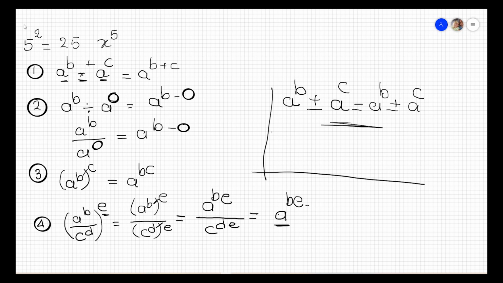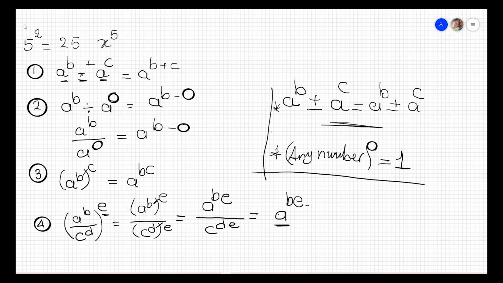A small tip here: any number raised to the power of 0 is equal to 1. So if we have 1 million raised to the power of 0, it is still equal to 1. x to the power of 0 is still equal to 1.